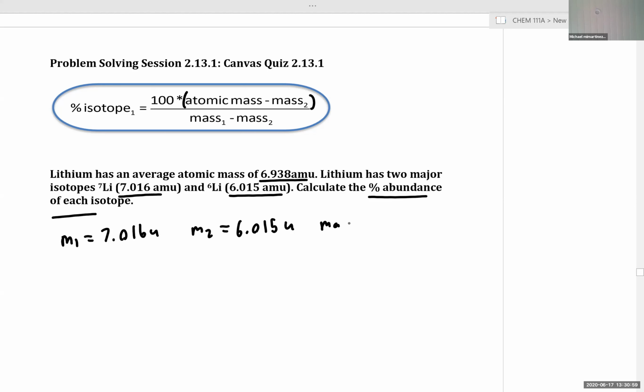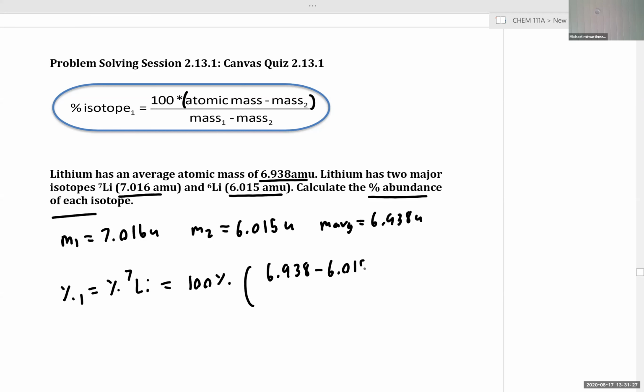The average atomic mass is equal to 6.938 AMU. Now we have all the information we need to solve for the percentage of isotope 1, which is the percent abundance of lithium 7. So we take 100% times the average atomic mass, which is 6.938, minus the mass of isotope 2.